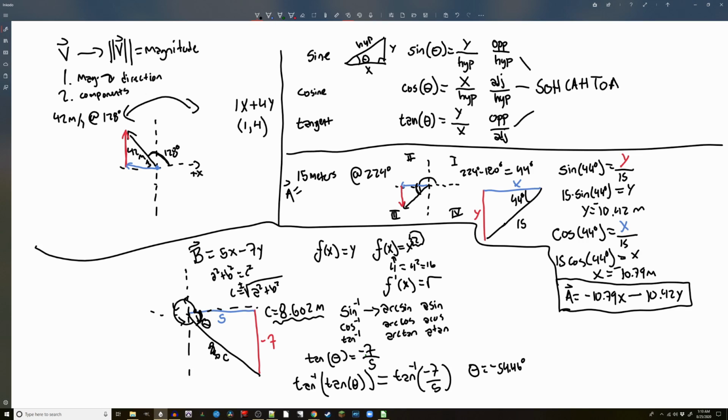So I get my angle, I'm just going to draw a little angle symbol, finally is 305.54 degrees. So if I want to write down an answer here, I'm going to have to say this vector is 8.602 meters. Remember, we had that from over here. That's the length. And it's at 305.54 degrees. And we've converted it.